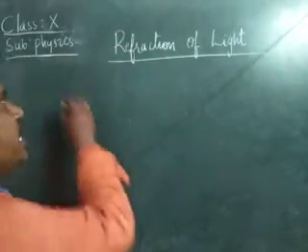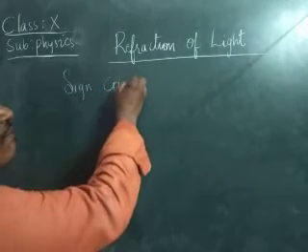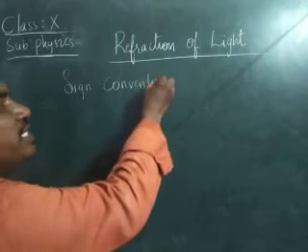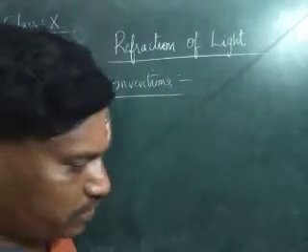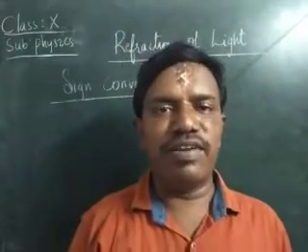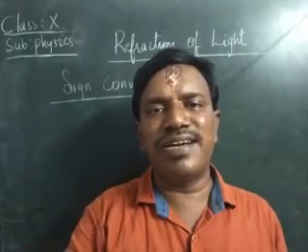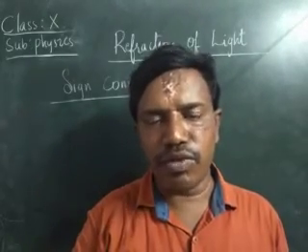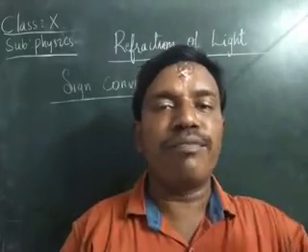And we should learn the sign conventions. Already we learned the sign conventions in terms of mirrors. The sign conventions of the mirrors are: all the distances should be measured from the pole.